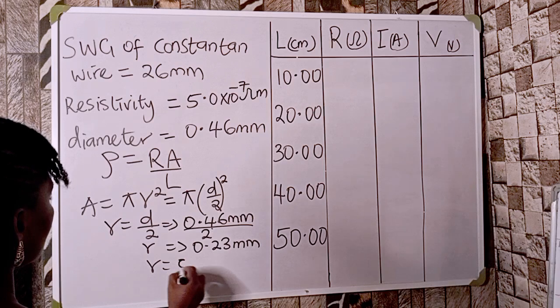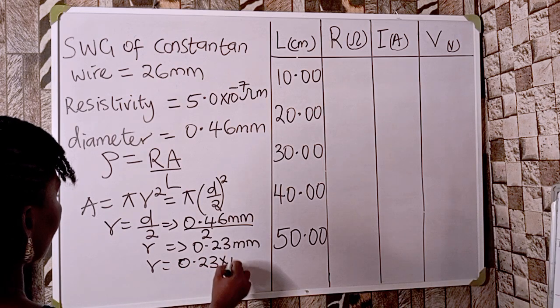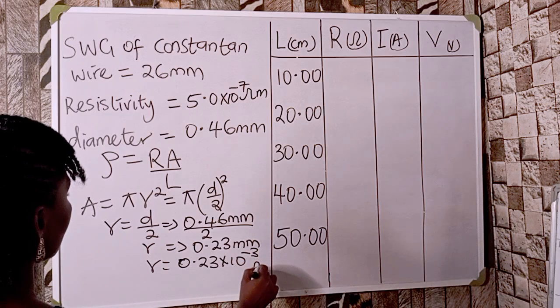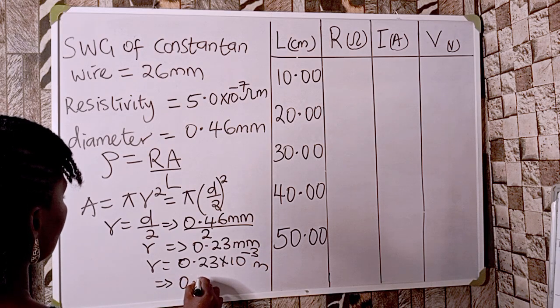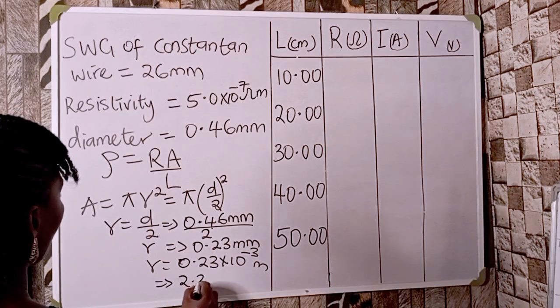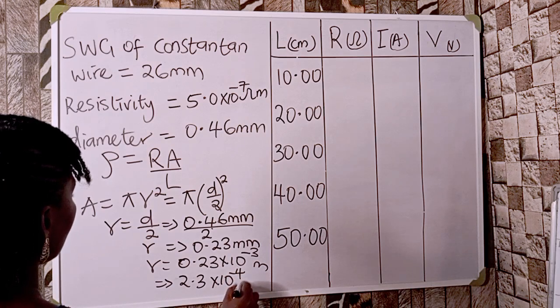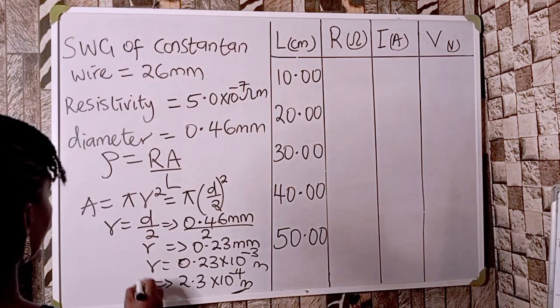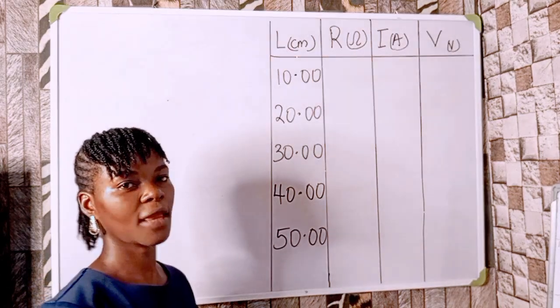So I have 0.23 times 10 raised to the power minus 3 meters, which will give rise to 2.3 times 10 raised to the power minus 4 meters. That is our radius. Okay guys, so let's see how we can get our area.